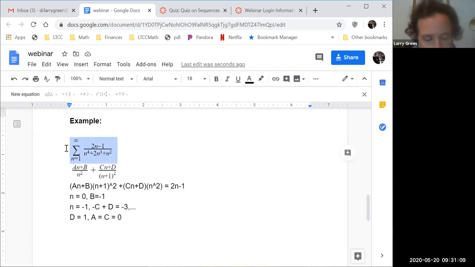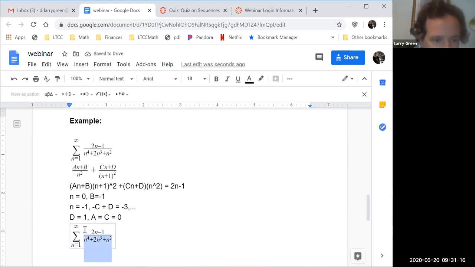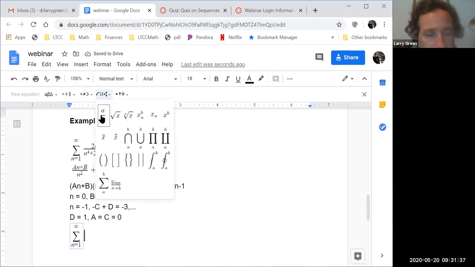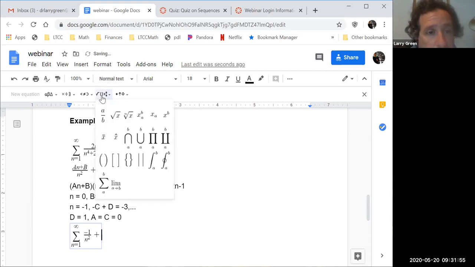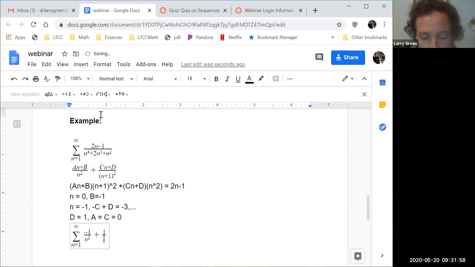And I think I'm just going to copy this, so at least the first part's exactly the same. And the way I can rewrite this now, if B is -1 and D is 1, that means we have -1 over n squared plus 1 over n plus 1 squared.